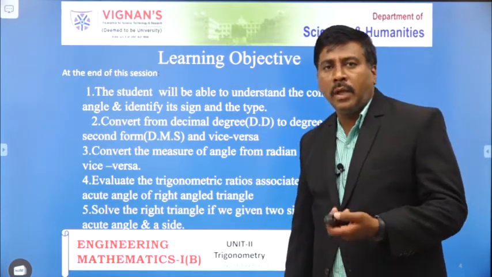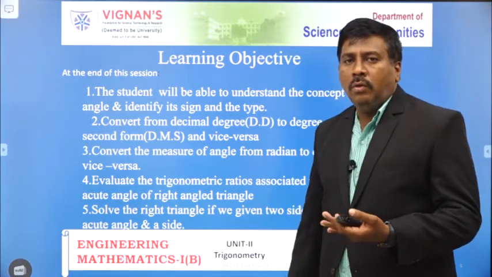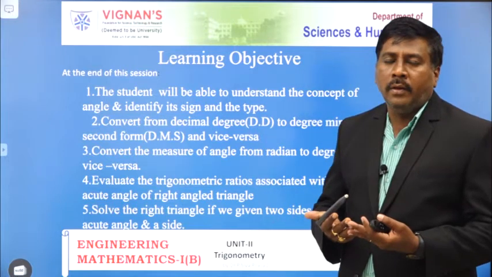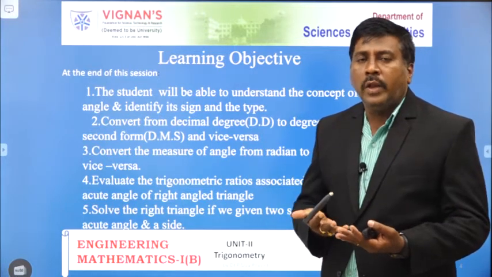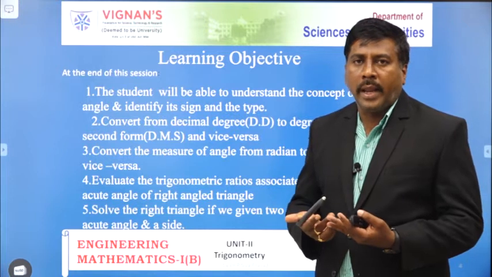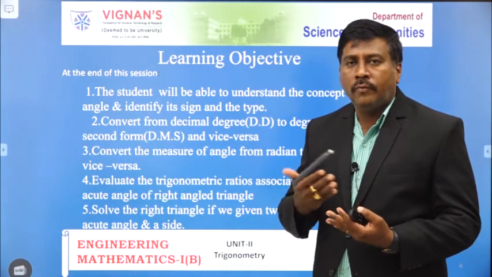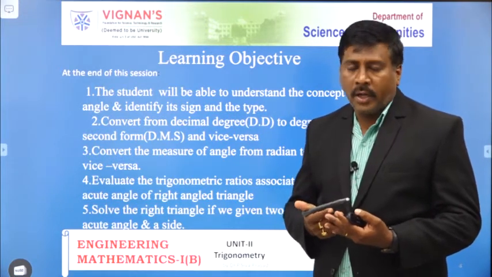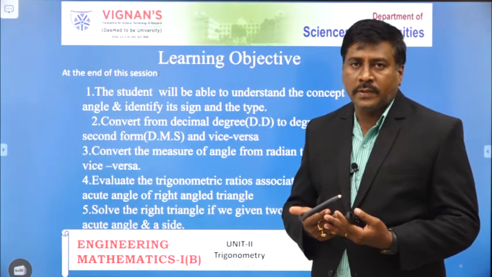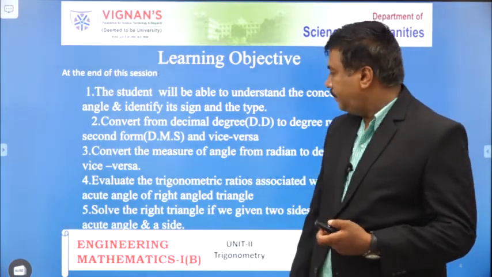That means if the given data says the angle is acute, along with the right angle triangle, we have to find the remaining trigonometric ratios. These concepts you have to see after completion of this session.